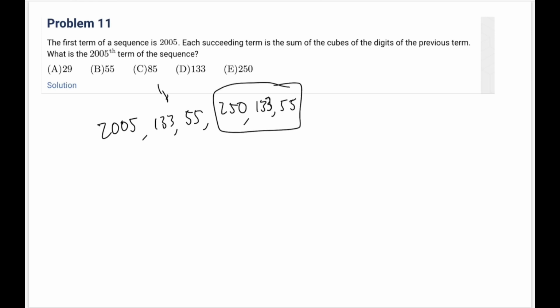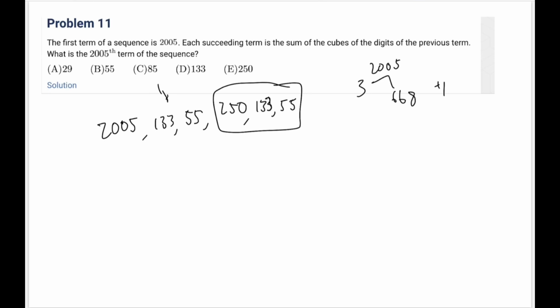These three will keep going on, and for the 2005th term, let's divide 2005 by 3. This is 3 times 6, and then 6, and then 3 times 8 is 24, and then plus 1, right?